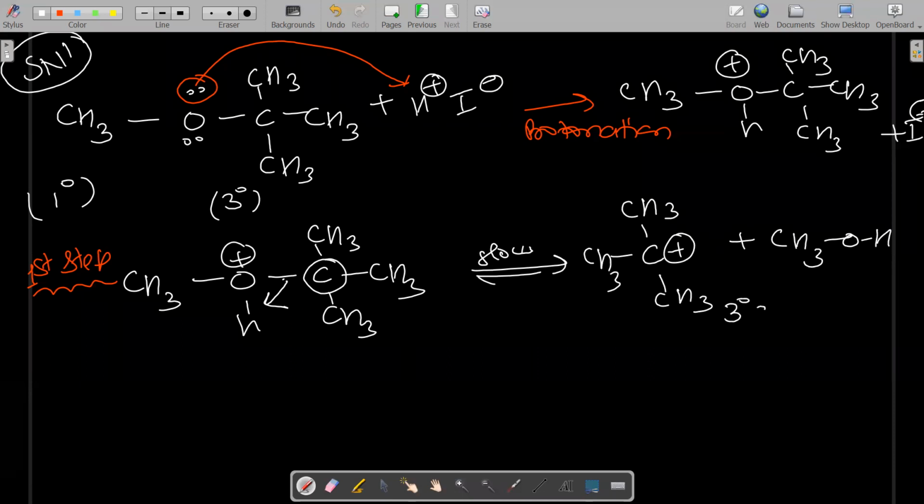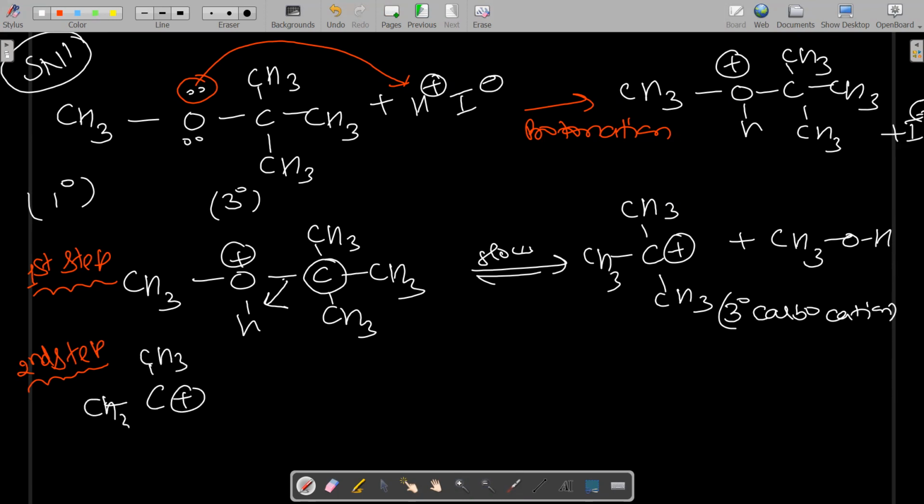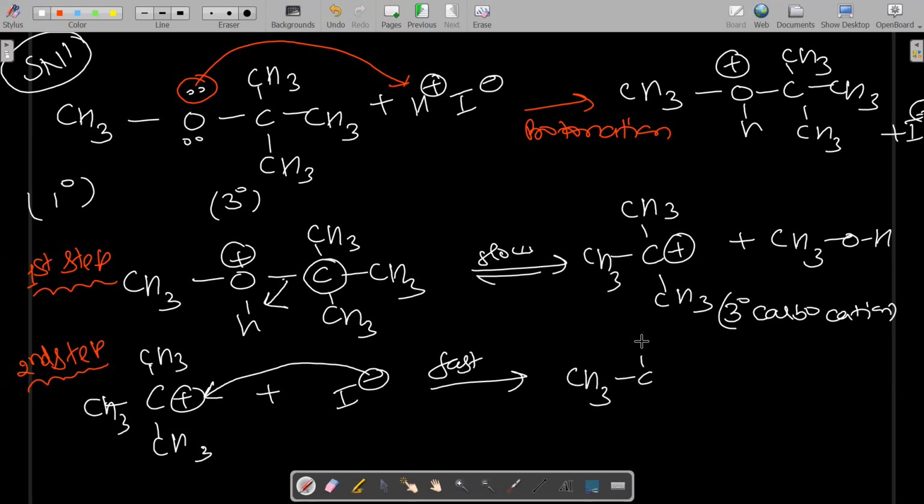So there is formation of tertiary carbocation, and now in the second step, according to the SN1 mechanism, the nucleophile, that is I minus, attacks this carbocation either from the right side or from the left side, which you know is a fast step to form retention and inversion products, that is a racemic mixture.